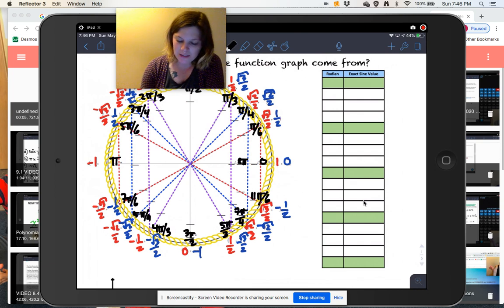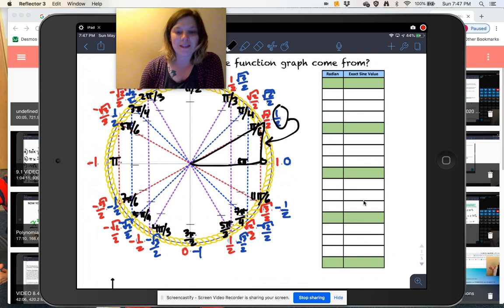We looked at these bow tie created triangles, and we saw that the Y value here was found by doing the sine of this angle, which is the opposite over the hypotenuse, and the unit circle always has a hypotenuse of 1. And so the big idea is that the Y coordinate is just sine of whatever the angle is.